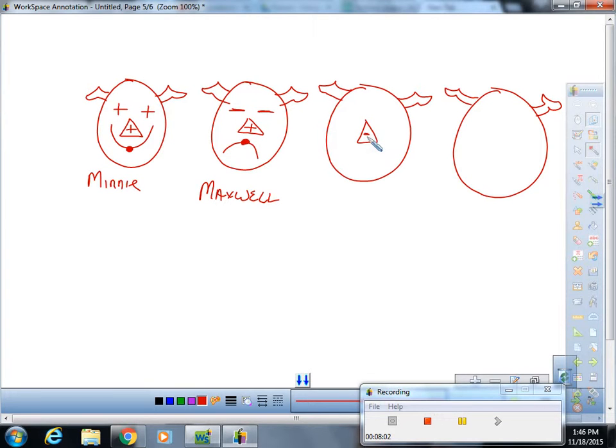If the determinant is negative, we don't care what the partials are. This thing is a saddle point. Okay? That's a confused pig.